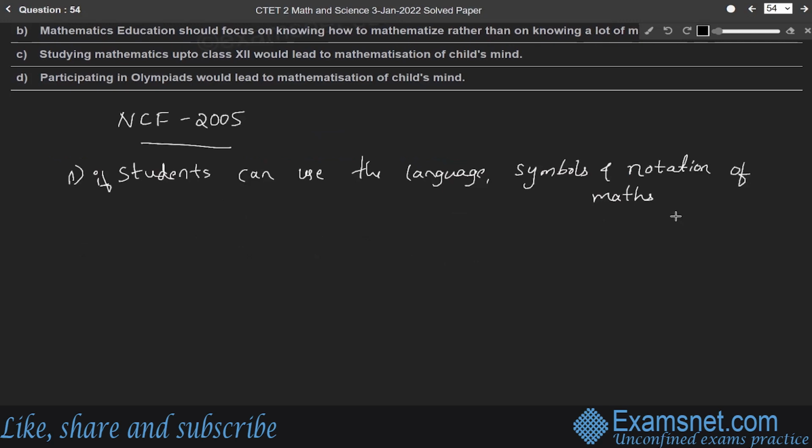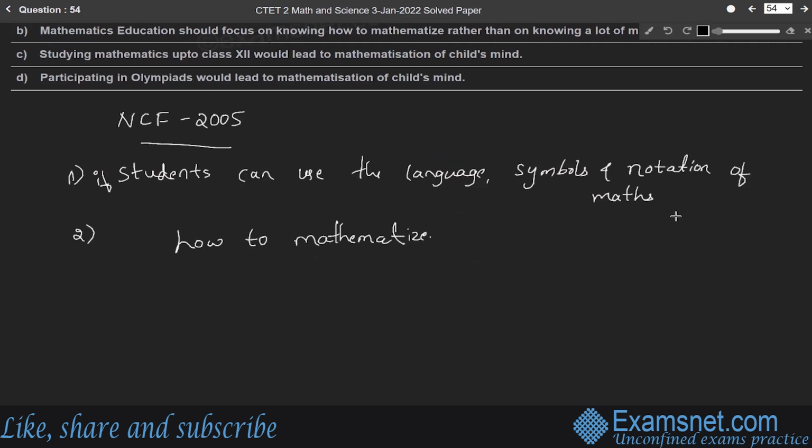So mathematics education should focus on knowing how to mathematize rather than on knowing a lot of mathematics.